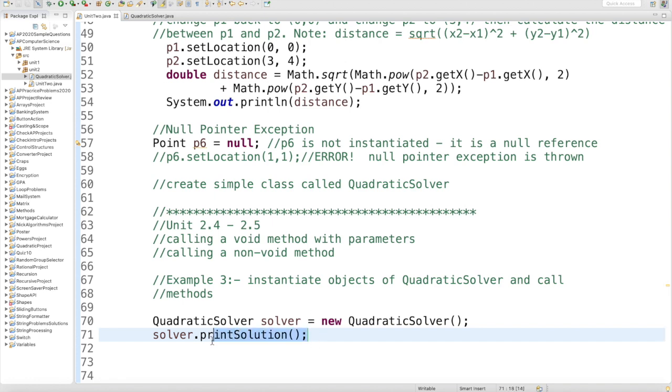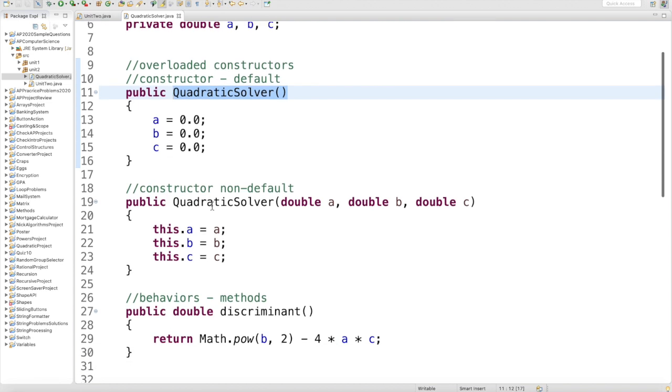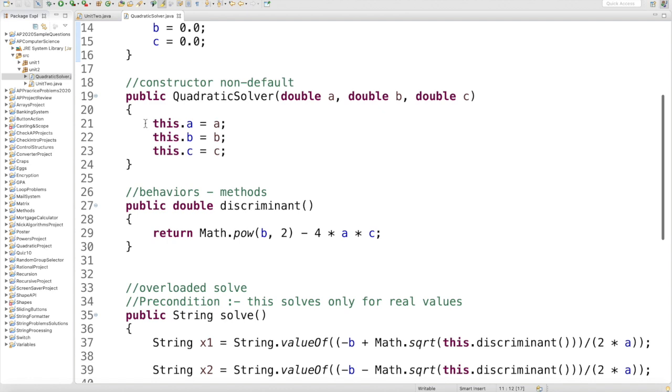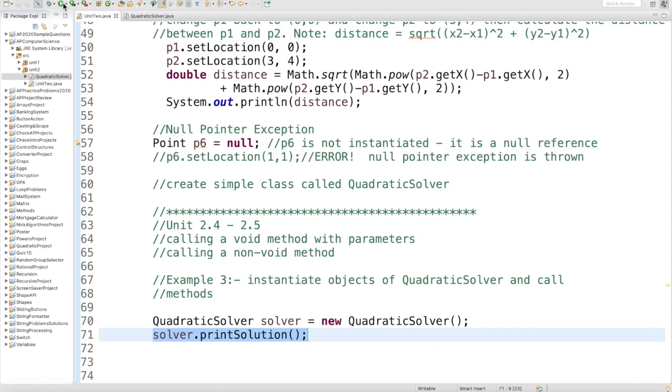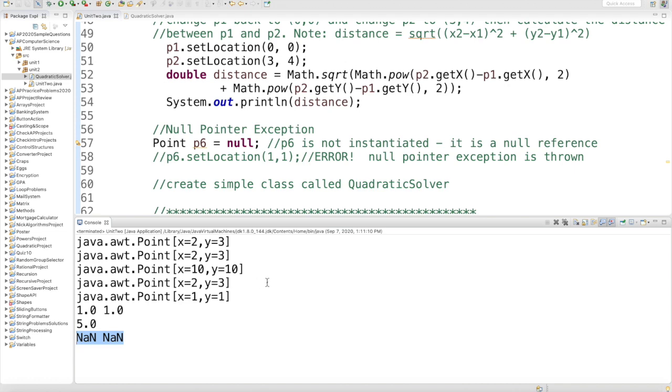All zeros in the QuadraticSolver. So we used this one, and we got a NaN. Let's run this again. Not a number.